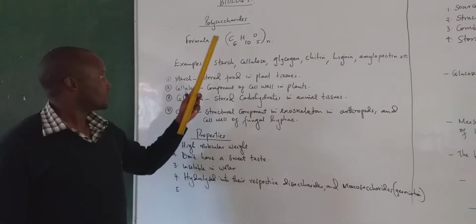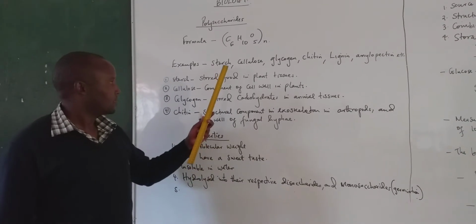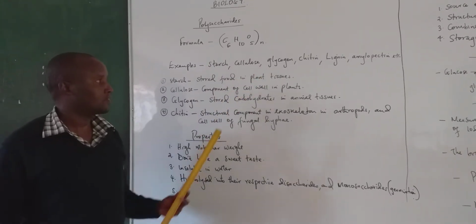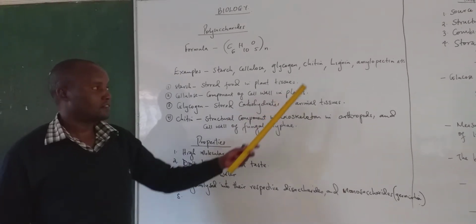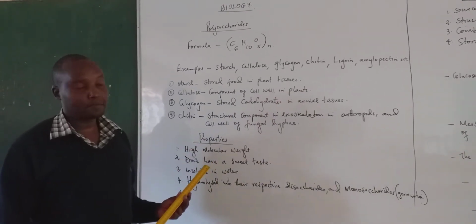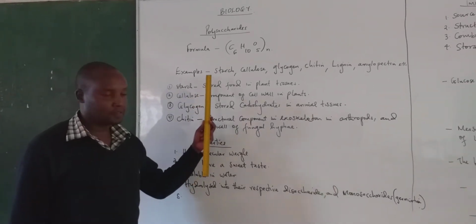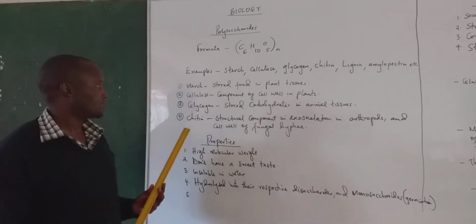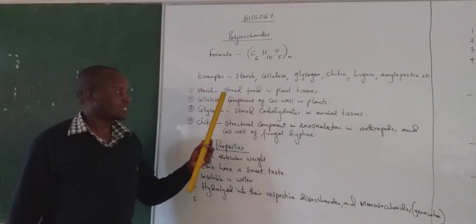Examples of polysaccharides, apart from starch, are cellulose, glycogen, chitin, lignin, amylopectin, pectin, and so on. Because we shall deal specifically with starch, remember, starch is one of the structural compounds in plants, found as a stored food.